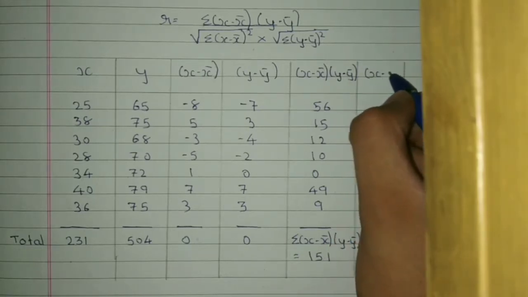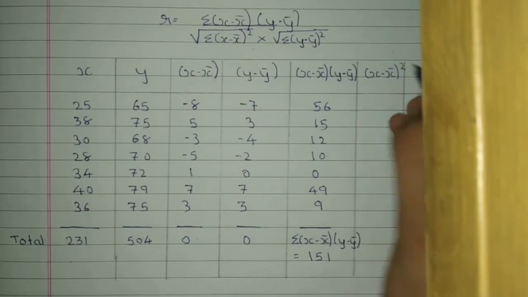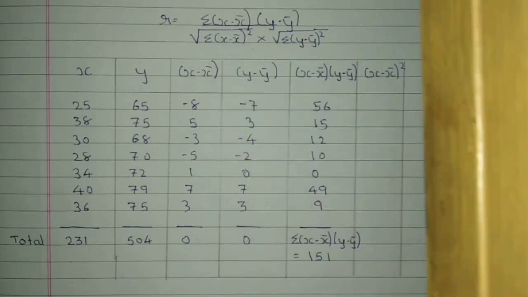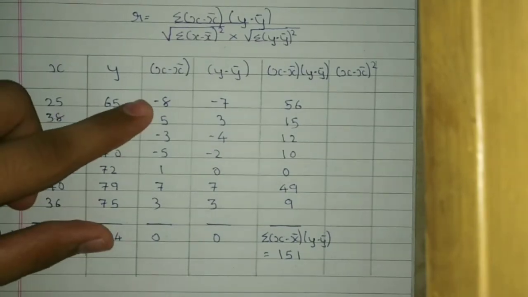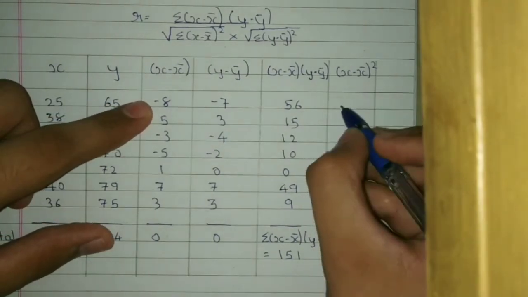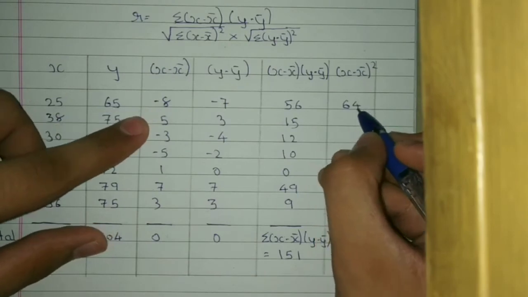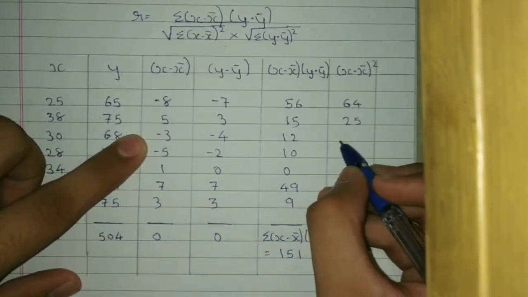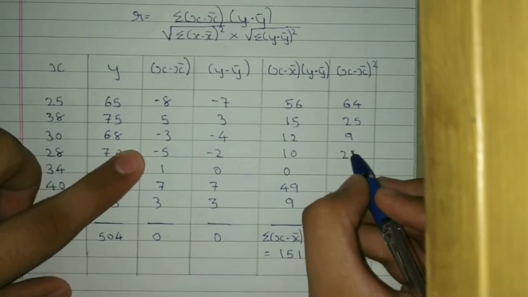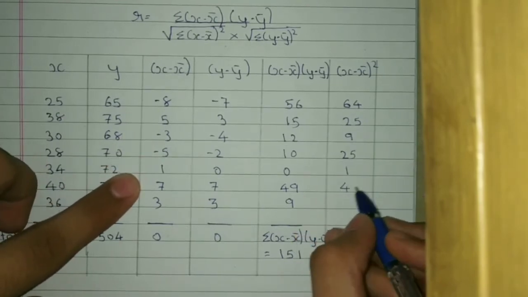Now (x minus x bar) whole square is minus 8 into minus 8, 64. 5 into 5, 25. Minus 3 into minus 3, 9. 25, 1, 49 and 9.